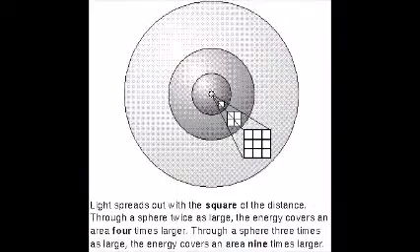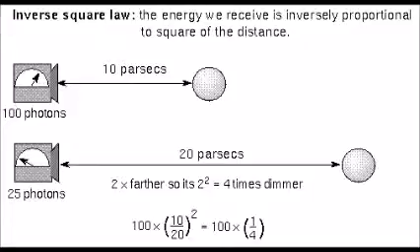In physics, this corresponds to a very precise law, the inverse square law. In other words, the farther you go, the dimmer it will be, with a precise pattern. This means that a star that is twice as far will be 4 times dimmer, while a star which is 3 times farther will be 9 times dimmer.